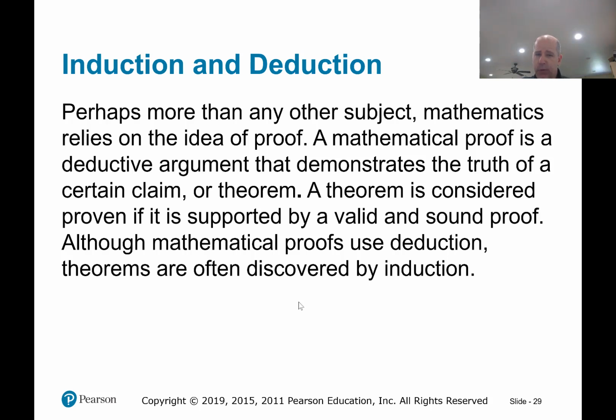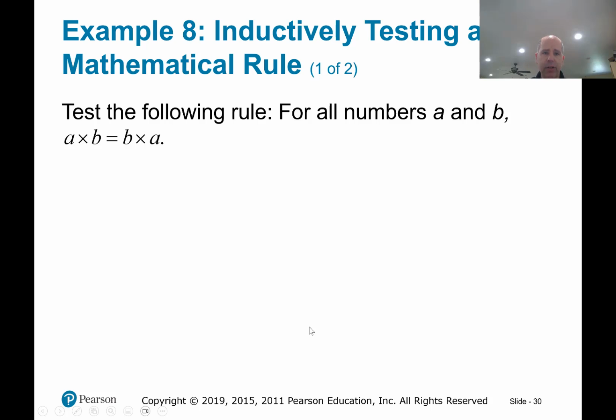Although mathematical proofs use deduction, there are theorems that are often discovered by induction. So in mathematics, we can prove things by inductive arguments. By the way, incidentally, there's also the proof by contradiction as well, which is a great and powerful argument in some situations.